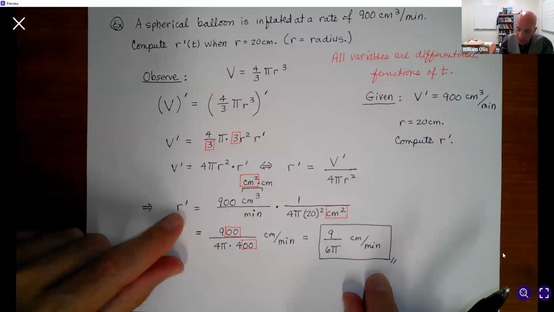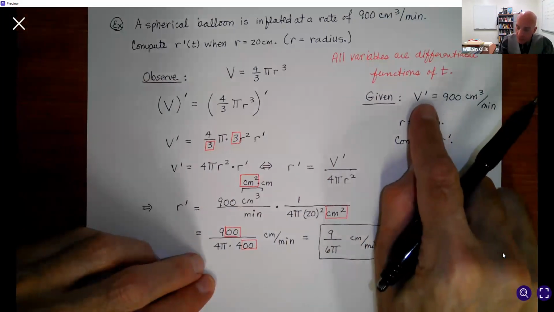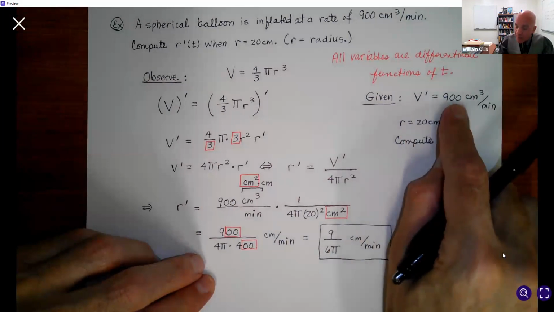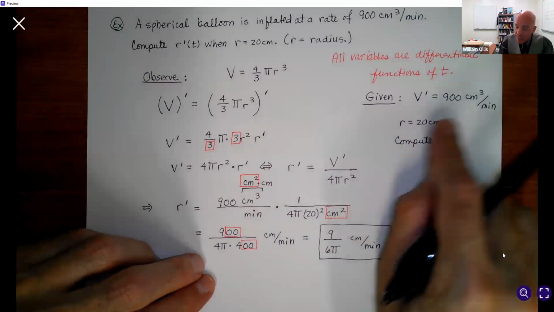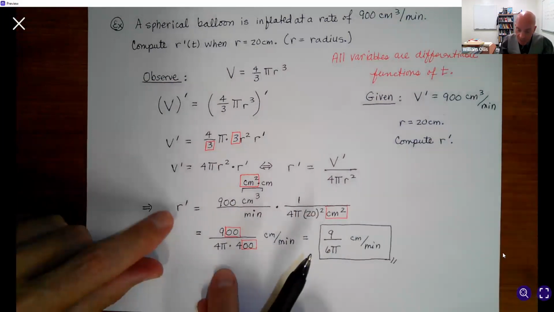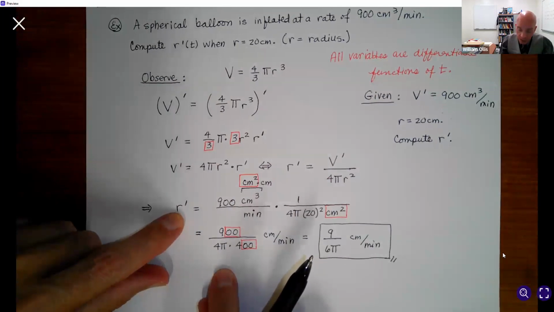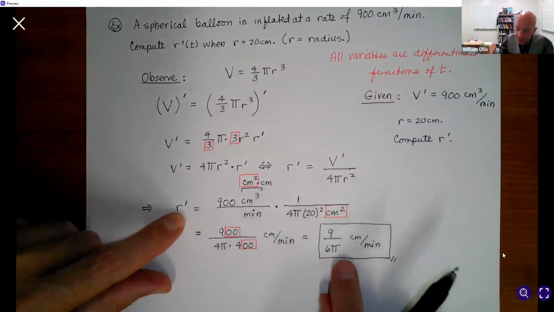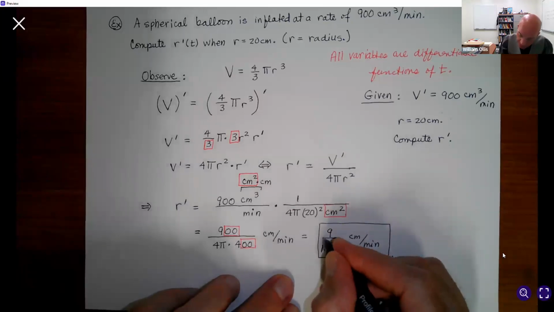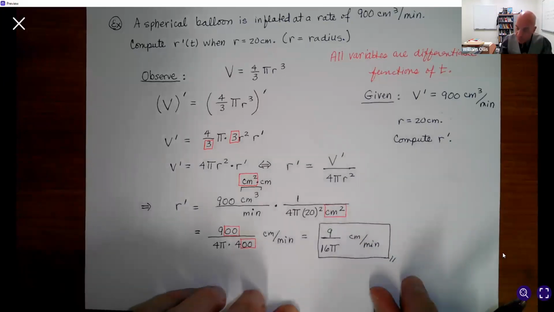So now what we see when the instantaneous rate of change of the volume is 900 cubic centimeters per minute, and the radius is actually 20 centimeters, we see that the R prime, or the instantaneous rate of the radius, is 9 divided by 16 pi centimeters per minute.